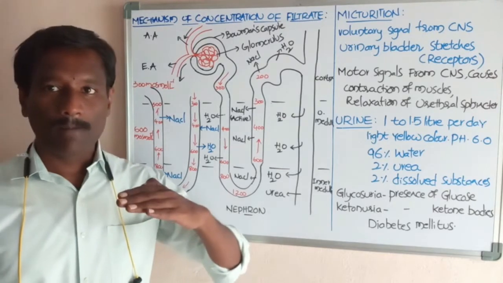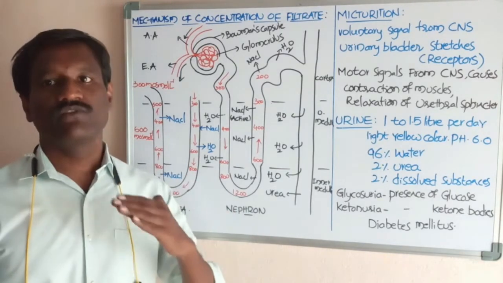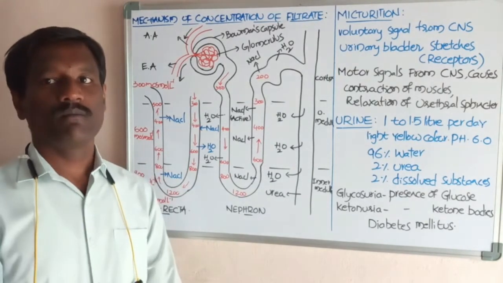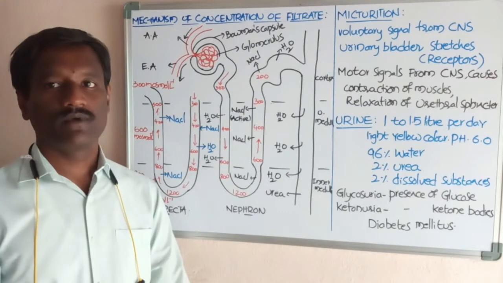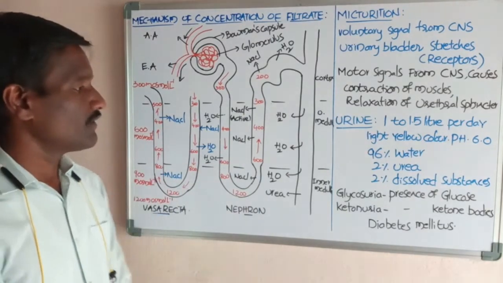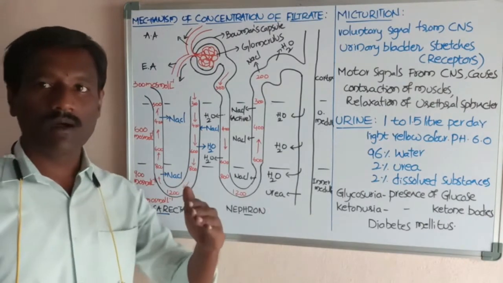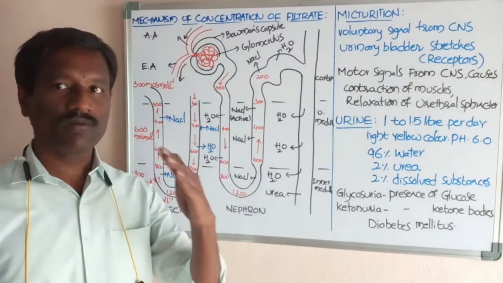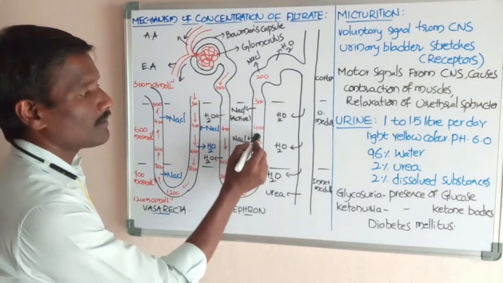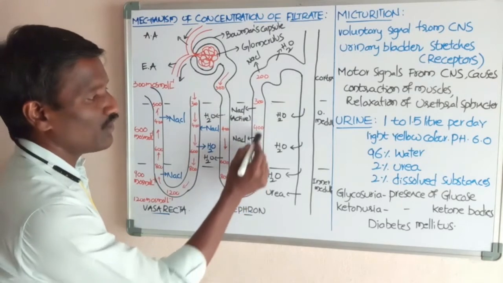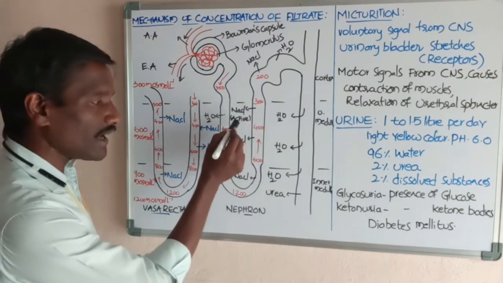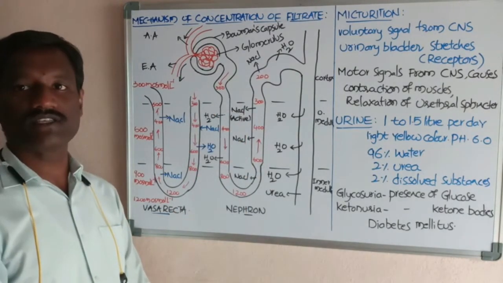And the formation of the concentrated urine is also possible by the transport of sodium chloride and urea. Firstly, what about the sodium chloride? Sodium chloride present in the urine that flows through the ascending limb of the loop of Henle enters into the medullary interstitium.